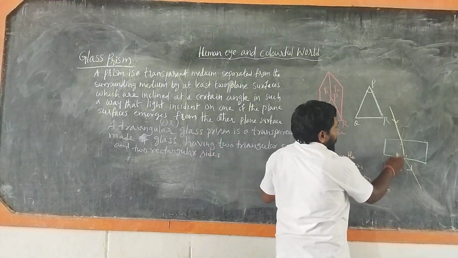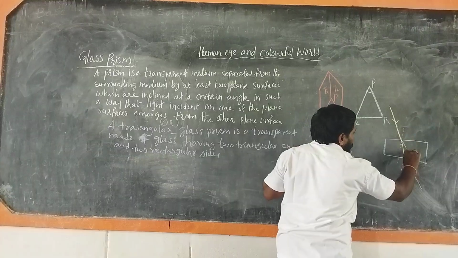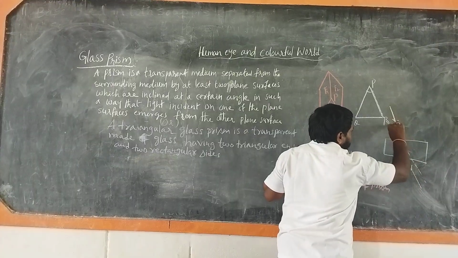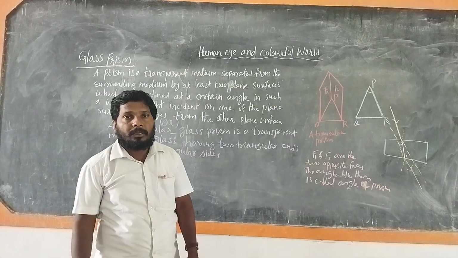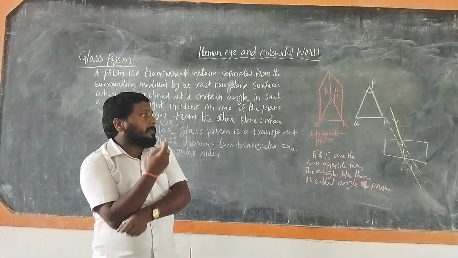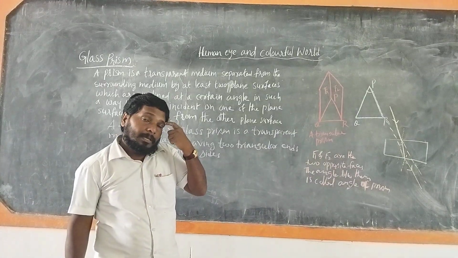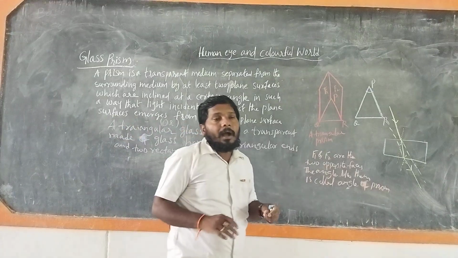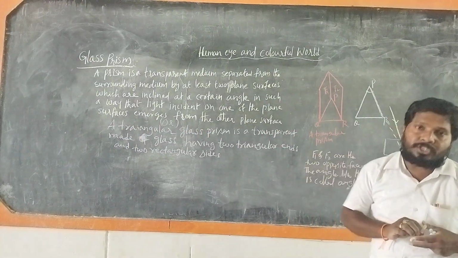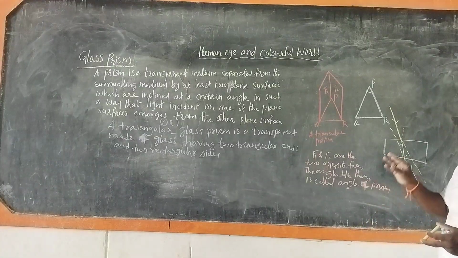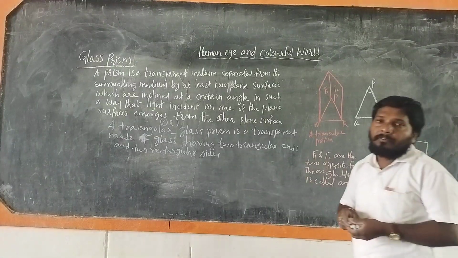The emergent ray and the incident ray are parallel. We already observed this, right? In a rectangular glass slab, the emergent ray and the incident ray are parallel to each other.